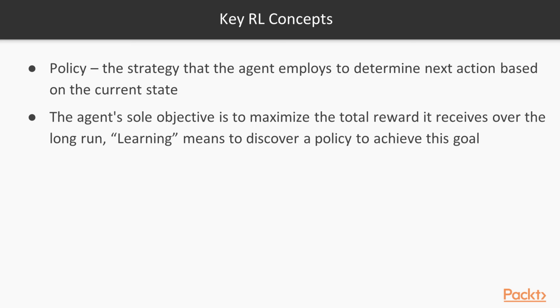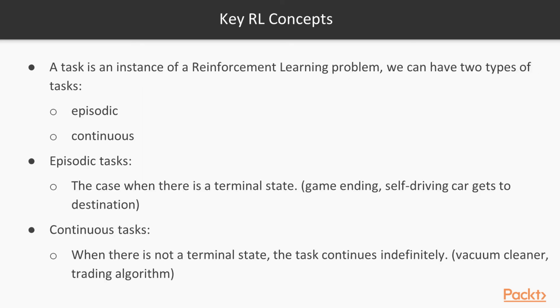Now, other very important concepts that we must keep in mind when working in reinforcement learning are the type of tasks that we can have. So a task is an instance of a reinforcement learning problem. We can have two types of tasks, episodic and continuous. Episodic tasks, which is, by the way, the example we will give in this section, is the case where there is a terminal state. For example, the game ending in the case that you are building a system that plays some game, or when a self-driving car gets to destination.